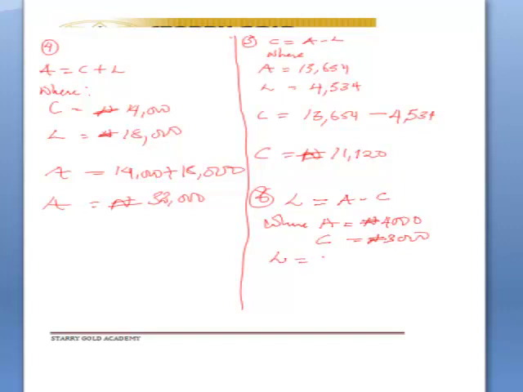So L equals 4,000 minus 3,000. Therefore L equals 1,000 naira. So that is the question on the accounting equation, and we'll be taking more questions subsequently in our question and answer.